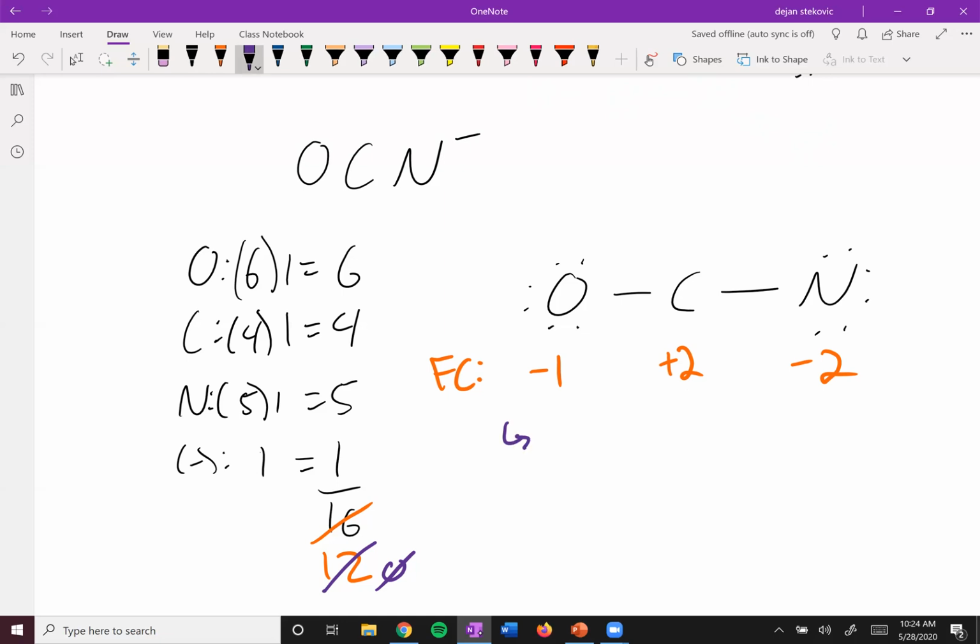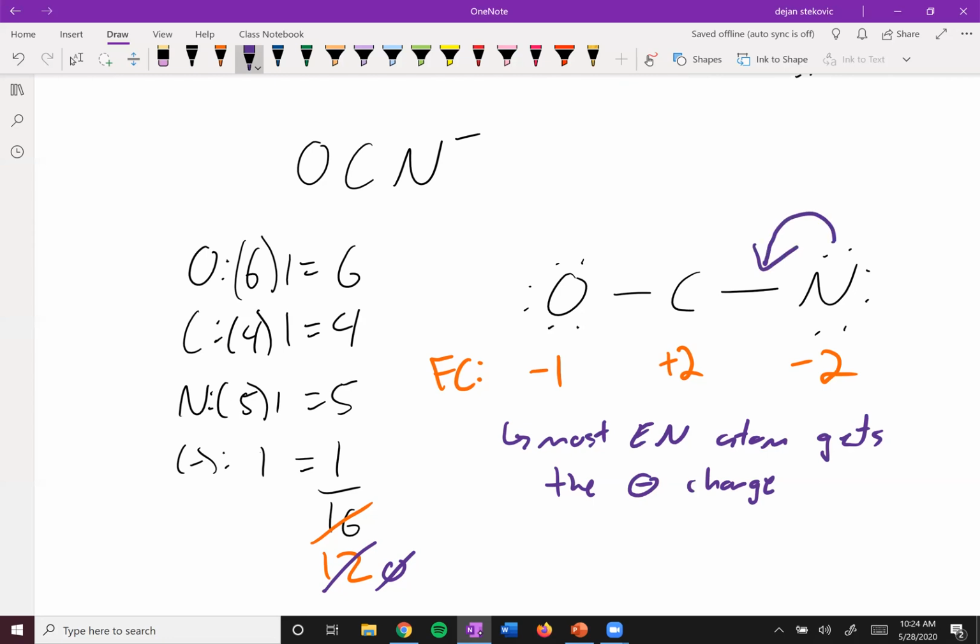But we also know that the most electronegative atom gets the negative charge. So if we pulled the electrons from oxygen, it would lose its negative charge, and this nitrogen would have a remaining negative charge. So we don't want to do that. So let's pull the first one from this nitrogen. And so what we're left with is this, and then we have to recalculate our formal charges.